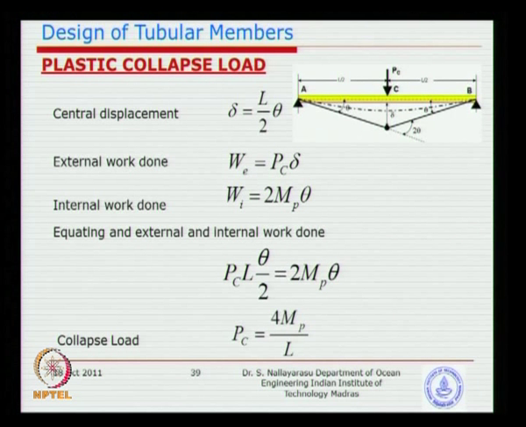Basically we are equating the external work done to the internal work done, and this is the principle normally adopted for almost all collapse analysis of complicated structures. You can go from a simply supported beam to a fixed beam, portal frame, multi-frame structures. You could do this exercise. The only problem is that the solution becomes larger, so you may use a computer to solve this, which is not a problem.